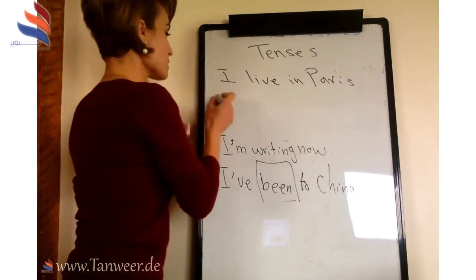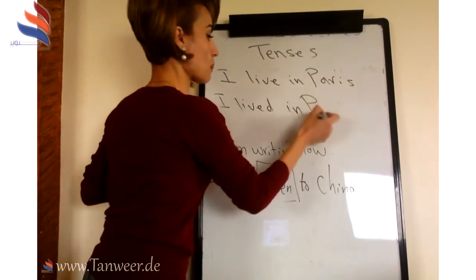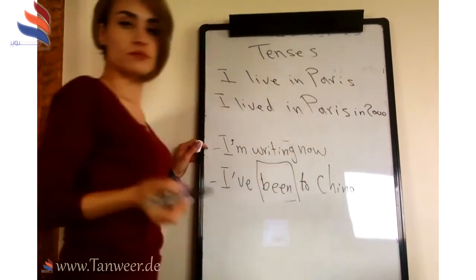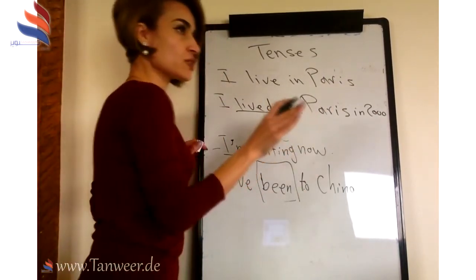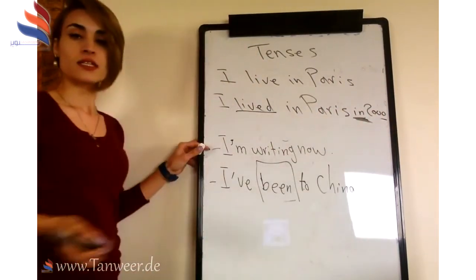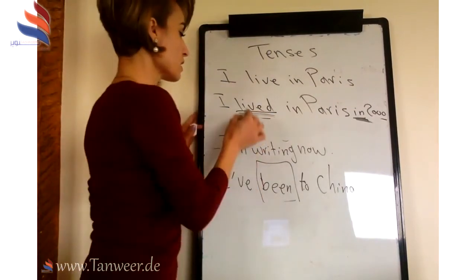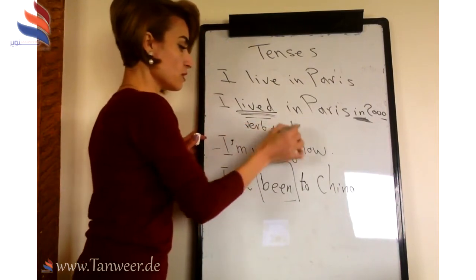I lived in Paris. This is a past sentence. Let me say in 2000. Okay? Definite time. Completed action. In a year. So this is like a completed action in the past. I just need the verb plus ed if it's regular.